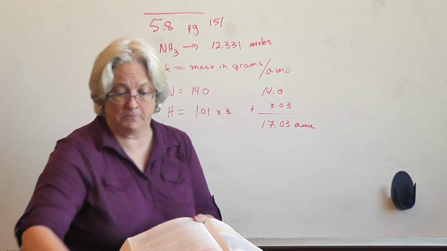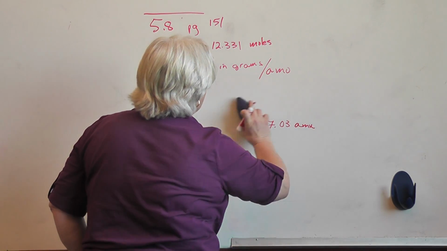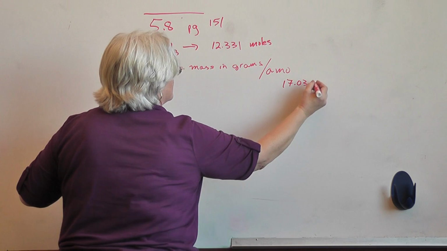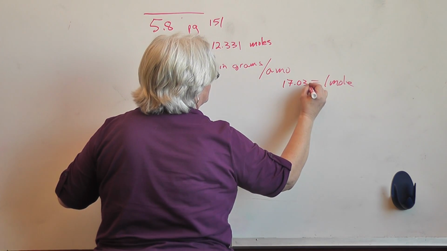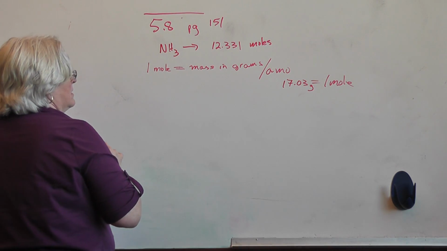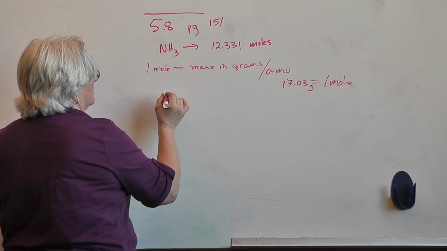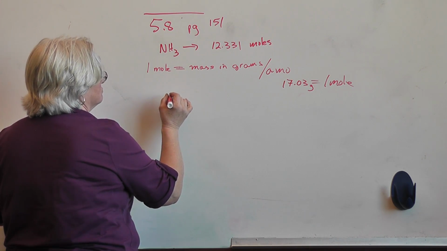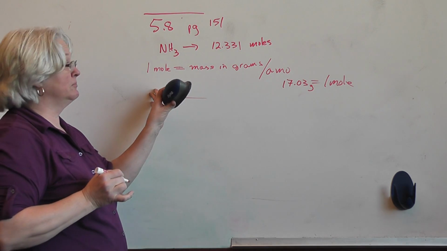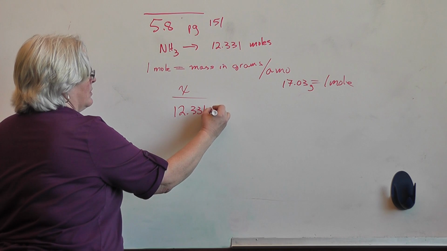So let me show you what we've got here. 17.03 grams is equal to 1 mole. How many grams of ammonia are there in 12.331 moles?